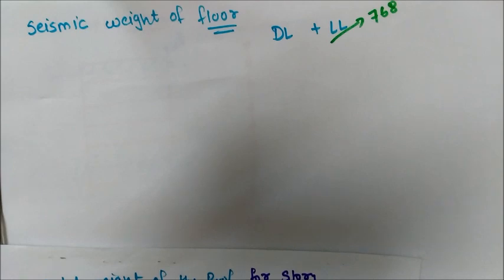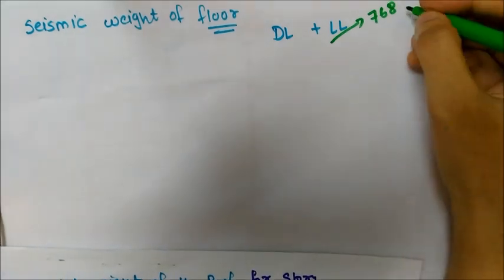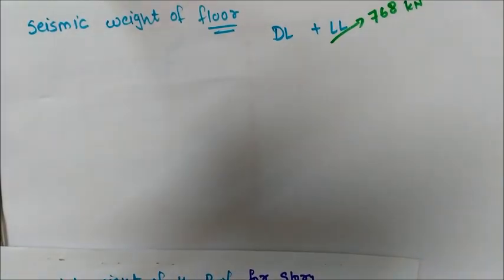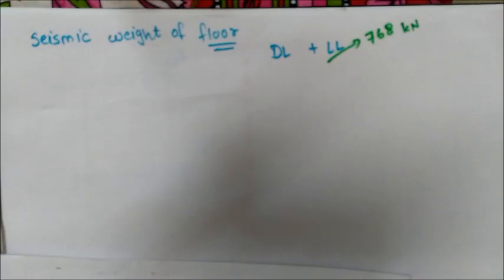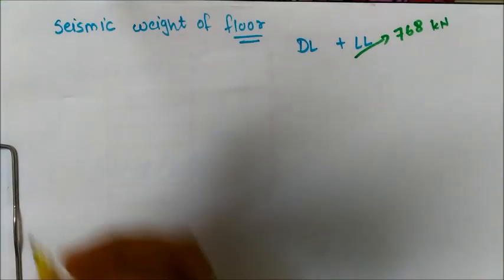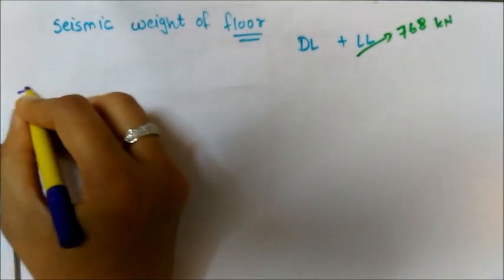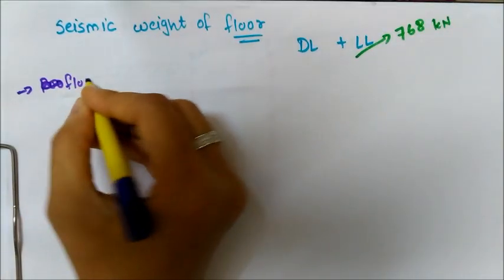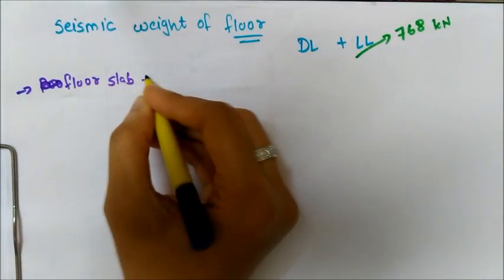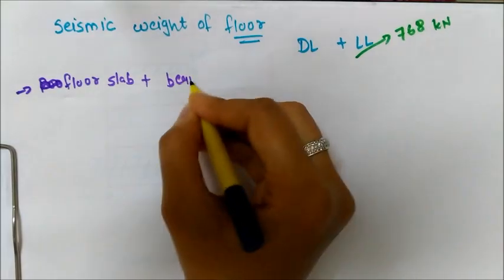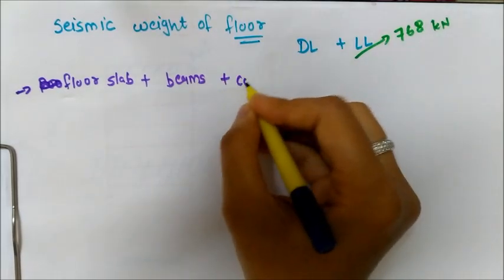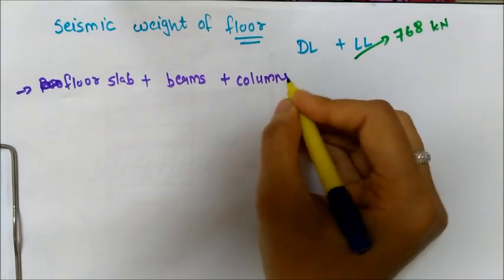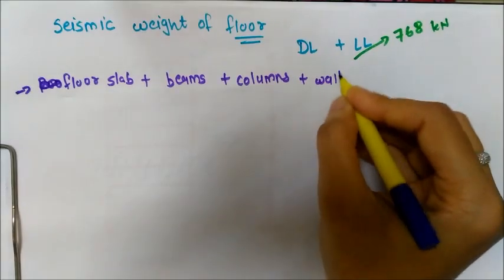I hope I have written the correct value. Yes, it is 768 kilonewton. Now the same calculation as we discussed for the roof: here we have to consider the floor slab weight plus beams plus columns and plus walls.